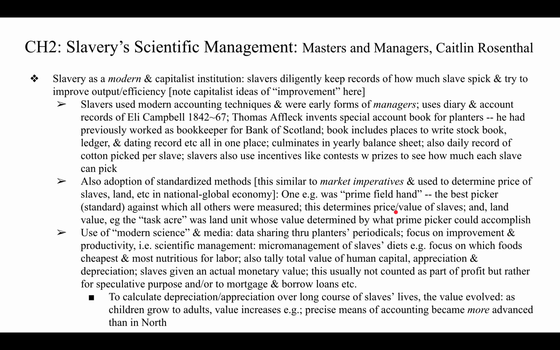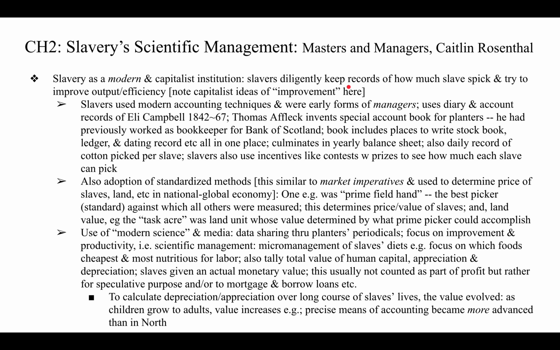Okay. In Chapter 2, Slavery, Scientific Management, Masters, and Managers by Caitlin Rosenthal investigates how plantation owners preconfigured the modern manager. And so, again, she views slavery as a modern capitalist institution.